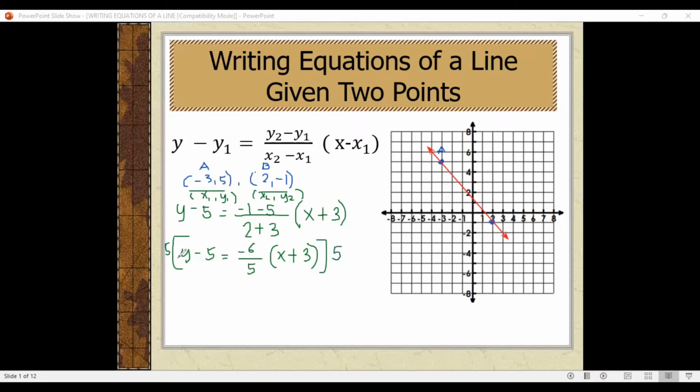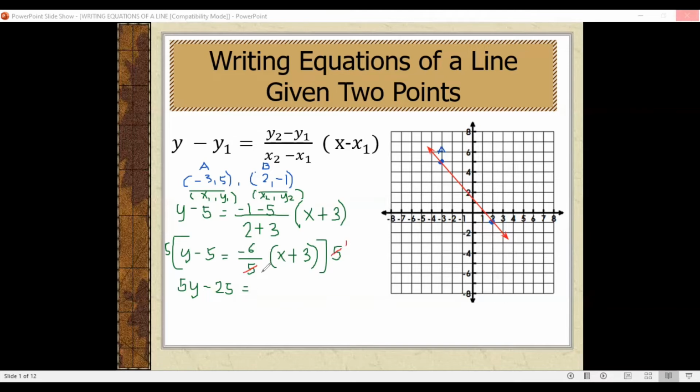If you are going to do that now, this will be distributed. So 5 times y, we will have 5y. 5 times the -5, that is -25. Now you will notice here that the 5 and 5 will be cancelled, because 5 divided by 5 will give you a result of 1.